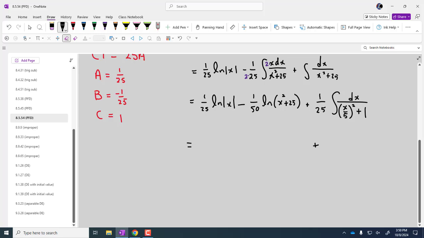We're going to have plus 1/25th. We're going to need a reverse chain rule, so I'll leave a little gap. We'll have an arctangent of x divided by 5. And what goes in the gap for reverse chain rule? 5.